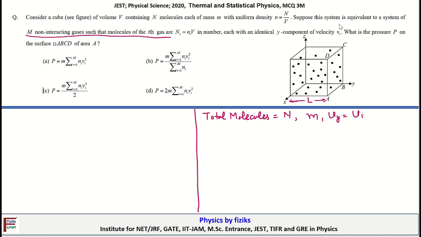Now we will divide these gas molecules into m subgroups.